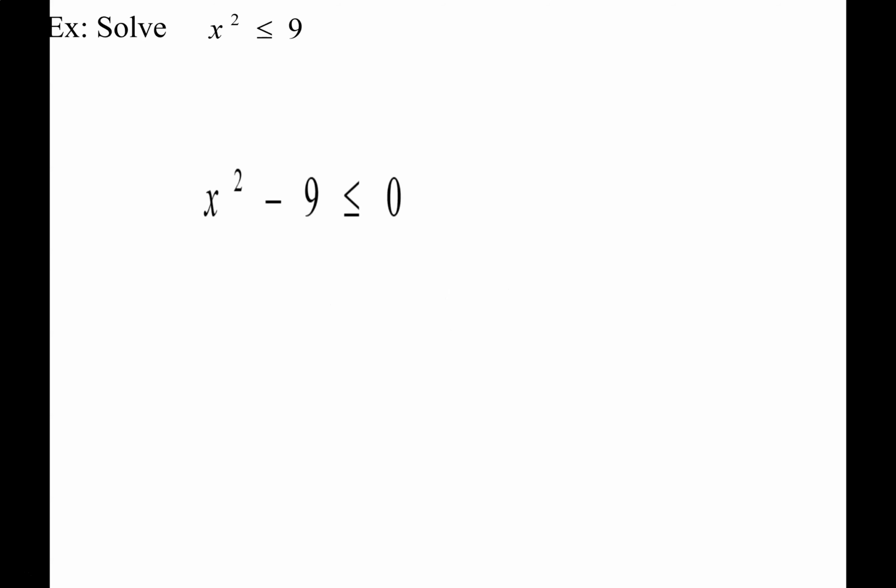So as a reminder, that's what our problem was. x squared is less than or equal to 9. So we changed it to that because we have to have the 0 on one side of the inequality. All right. So let's get ready to write our little sign chart. So when we're doing our sign chart, what we're doing here is that we're going to put the factors.